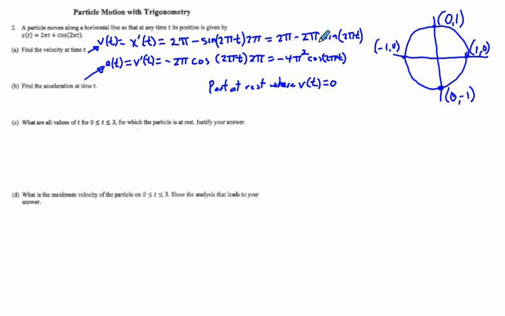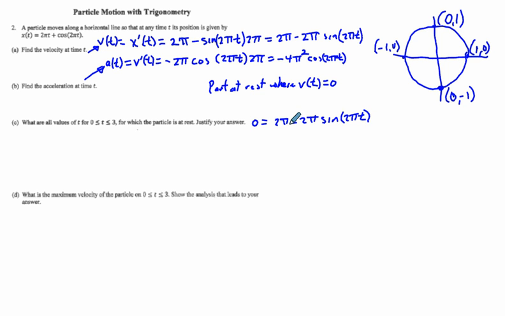And so we can take this function here. So 0 equals 2 pi minus 2 pi sine of 2 pi t.